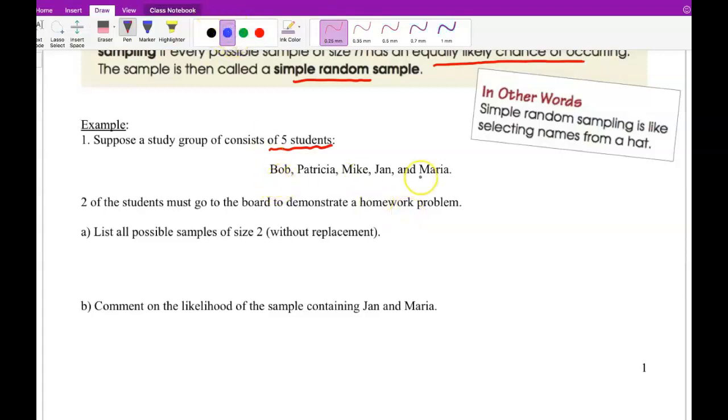Okay, we have names, but I want to make this simple when listing all these. Instead of names, for Bob, for example, I will use B, here P for Patricia, this one Mike, that is Mario, so I'm using MI, here J, and for this one MA.